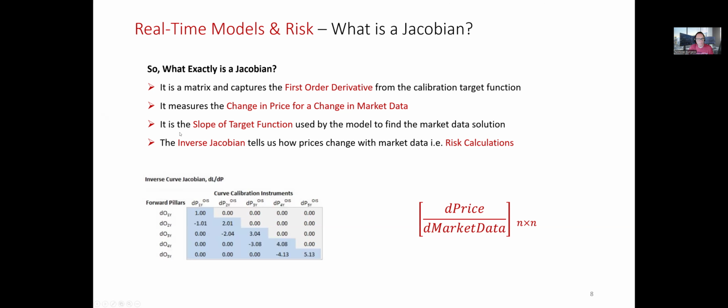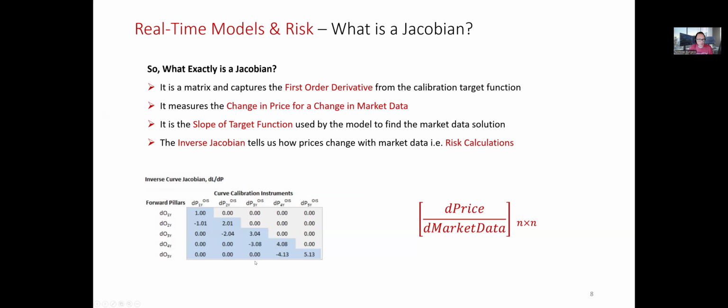Now, this Jacobian is the slope of the target function, and it's used by the model to find the market data solution. The Jacobian tells our iterations how to update in such a way that our market data moves towards convergence, so that it finds the right market data to reprice our instruments. And the inverse Jacobian tells us how prices change with market data, and we use that for risk calculations.